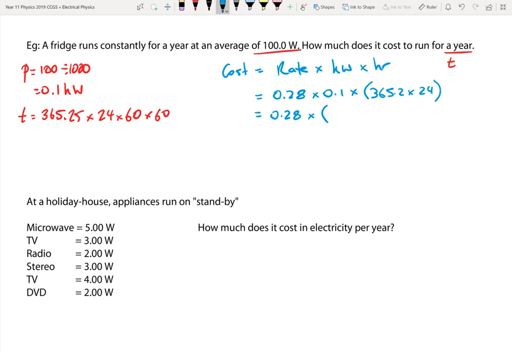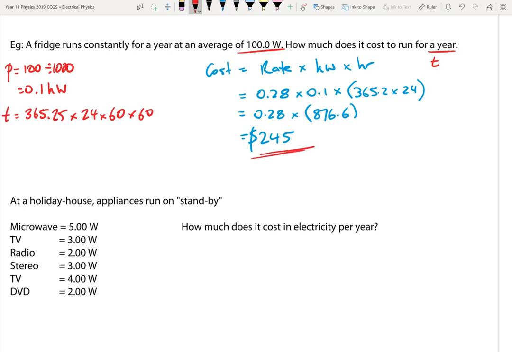Sorry about that little stuff up. We get 876.6 kilowatt hours. So that's quite a lot of energy. Each one of these values is charged at a rate of around 28 cents. And we get a cost of $245 to run your fridge for the entire year.